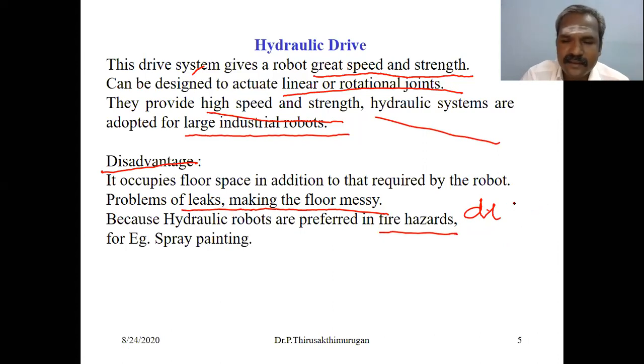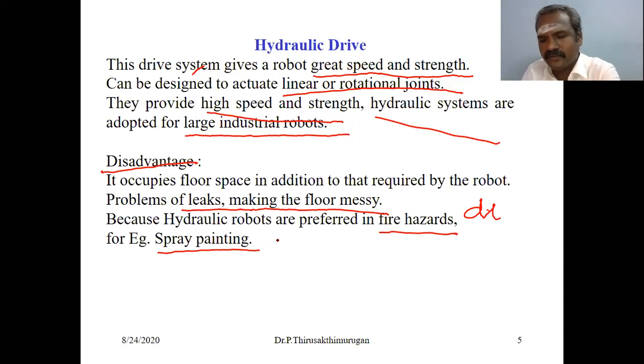For example, spray painting. Paints are normally used with some ethanol based, alcohol based material, so fire can easily occur while using the spraying gun. So for spray painting robots, we normally go for hydraulic drives.